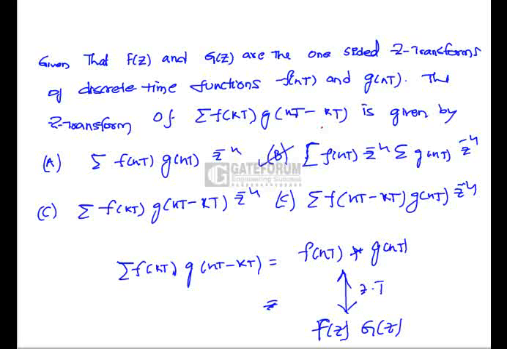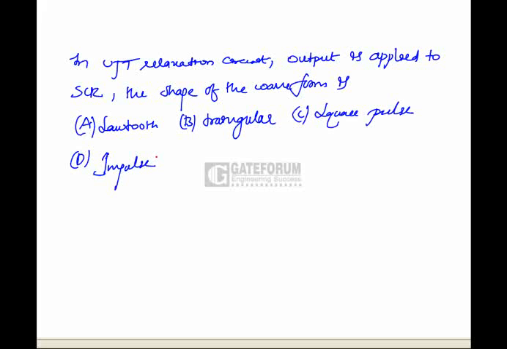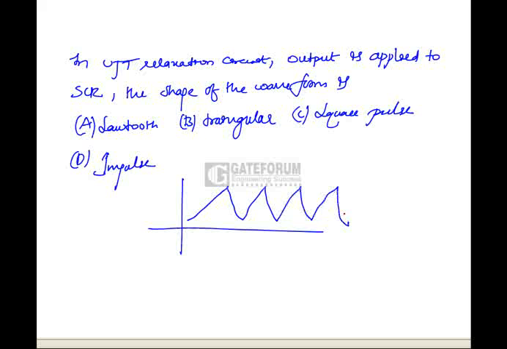In a UJT relaxation circuit, the output is applied to an SCR. The shape of the waveform is? Now, if you see the characteristics for a UJT, that is a unijunction transistor, it will be like this.